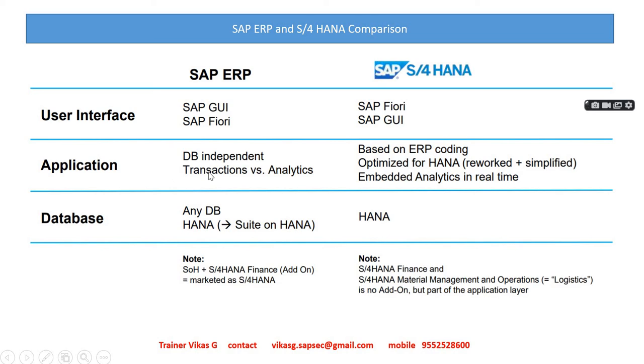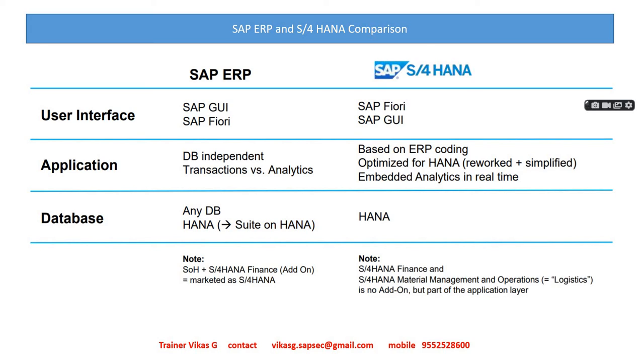And then, application wise, if you want to install ERP, it is database independent. Also, you can use either a transactional or an analytical application, either of them. But in SAP S4 HANA, optimized coding is happening here.